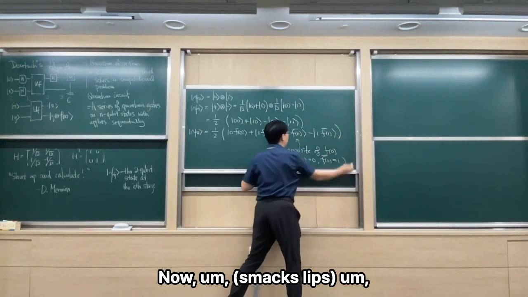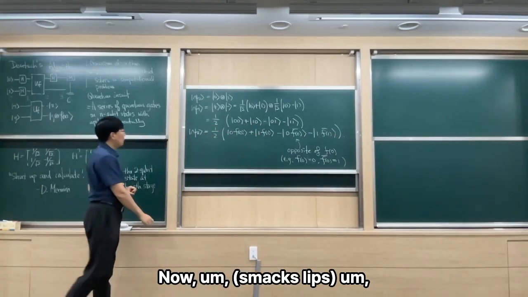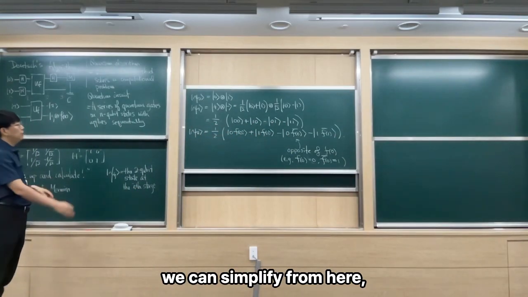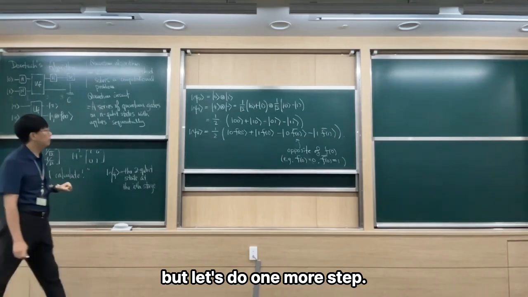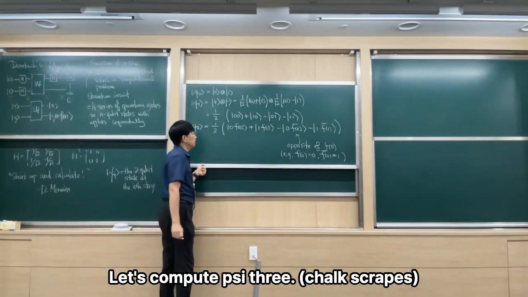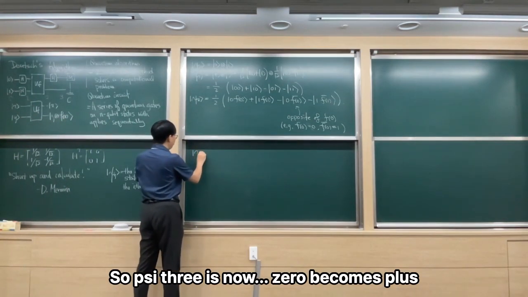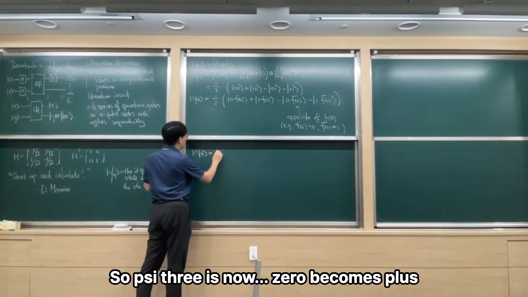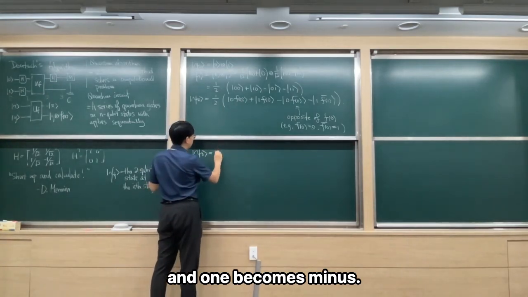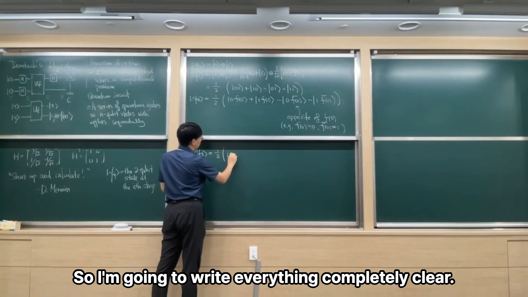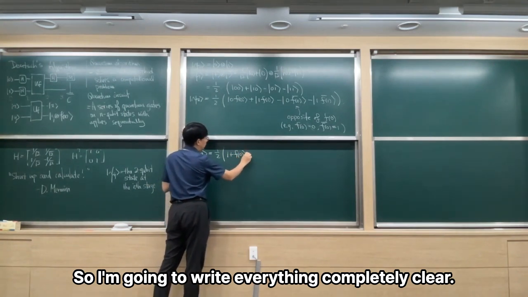Now, we can simplify from here, but let's do one more step. Let's compute psi 3. So psi 3 is now 0 becomes plus and 1 becomes minus. I'm going to write everything completely clear.